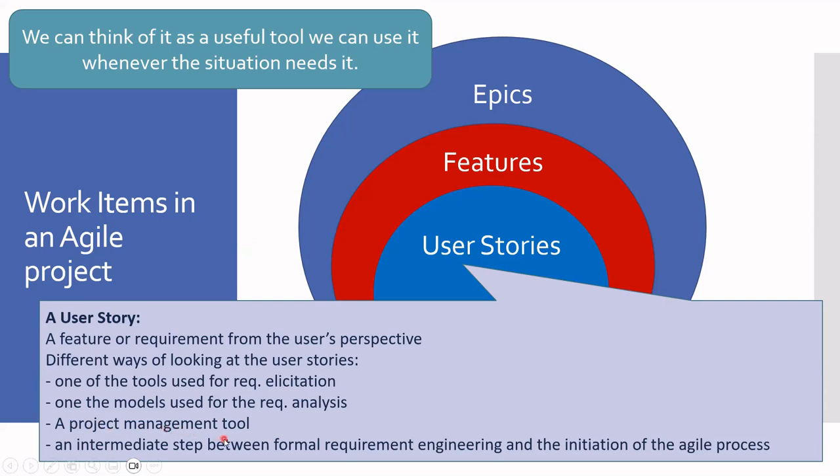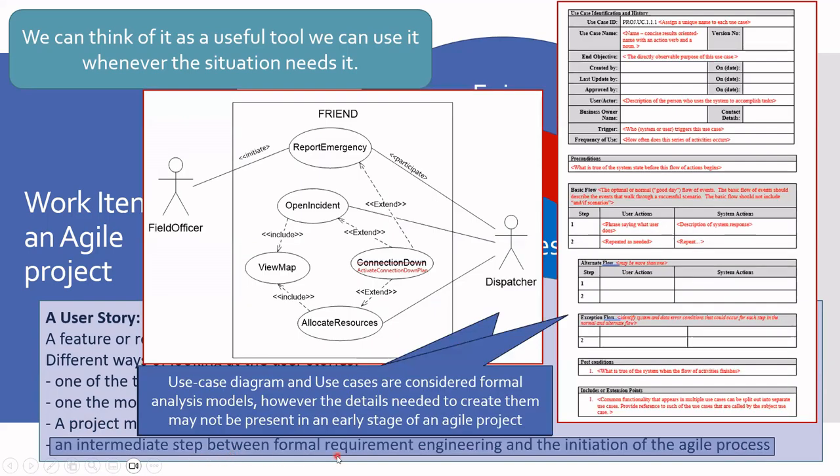Now it can also be seen as an intermediate step between formal requirement engineering and the initiation of the agile process. Before the agile process became popular, we still had the formal requirement models, something like the use case that you have learned about in a previous course, I think in 2203.